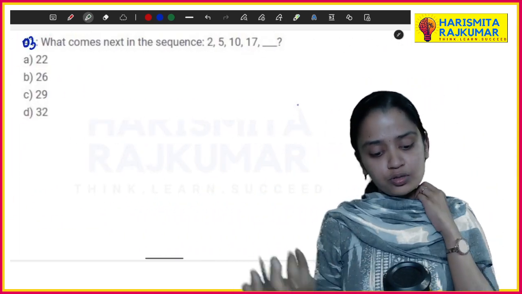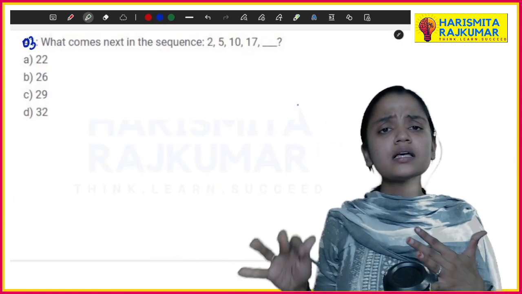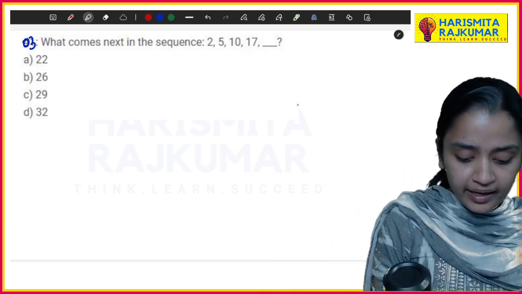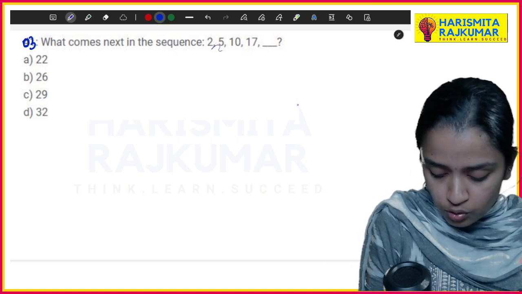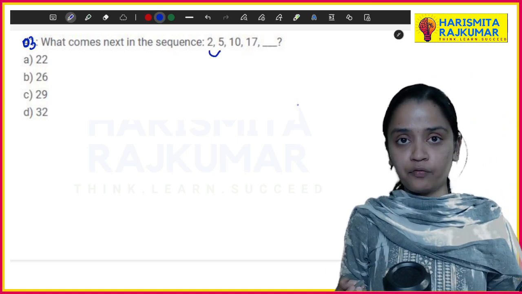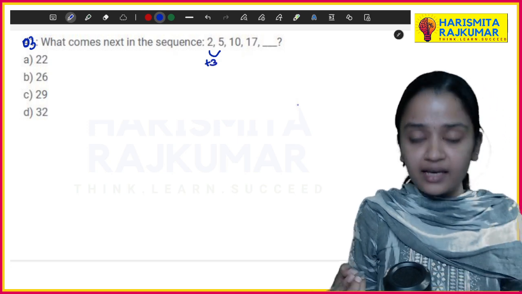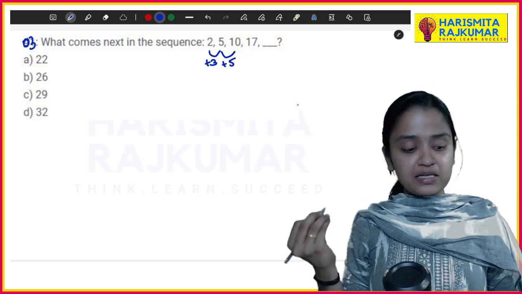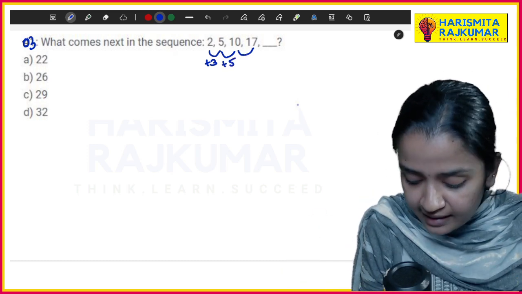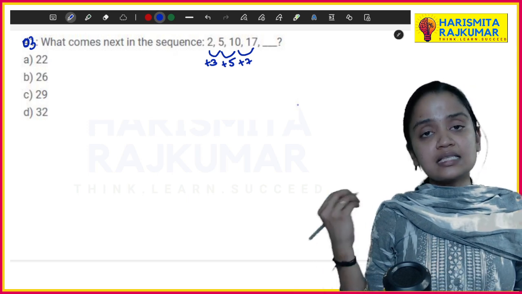Now let's go to the next one. These are easy sums, so I'm going a little quickly. What is next in the sequence? This is 2 and 5. 2 plus 3 is 5. 5 plus 5 is 10. Then 10 plus 7 is 17.